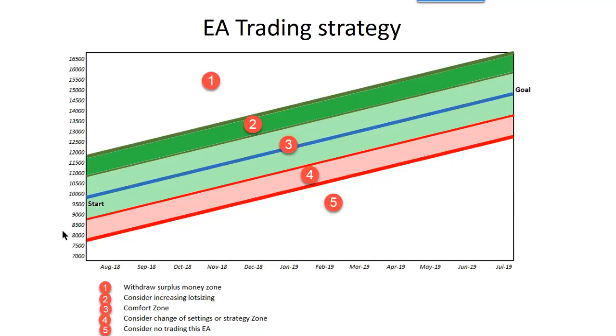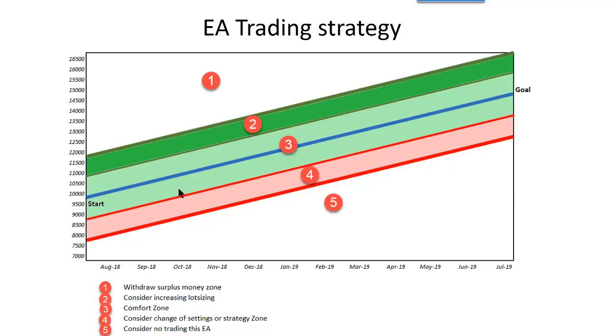So this blue line here is what I would call the budget line. So we're starting with $10,000, and what we want to do over the next year is to move it to $15,000. So basically that is the intention with this particular EA. What I normally do is I allow the strategy an element of looseness.